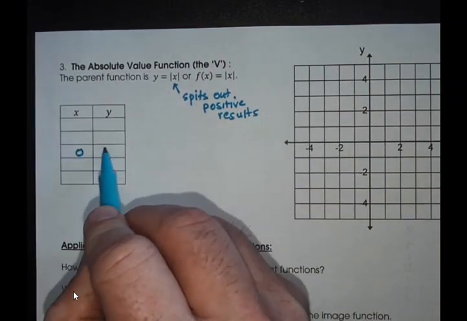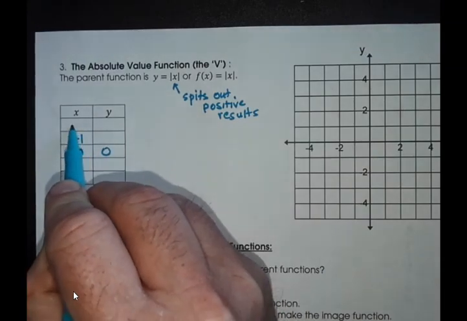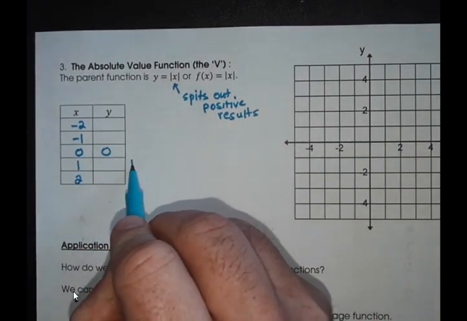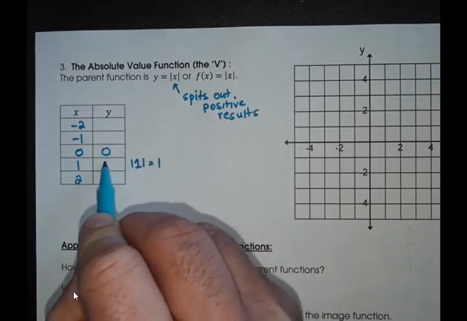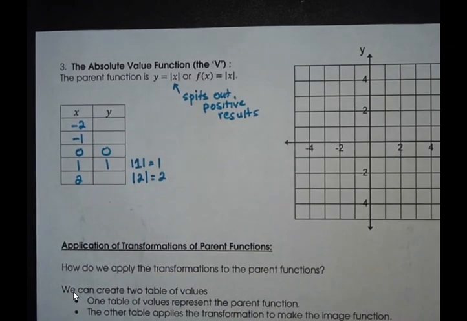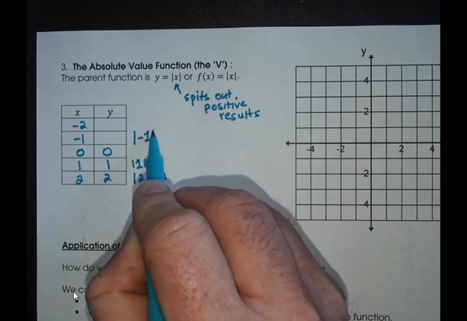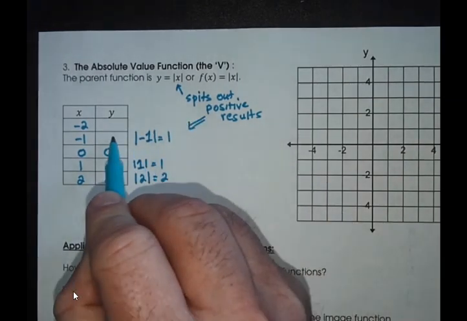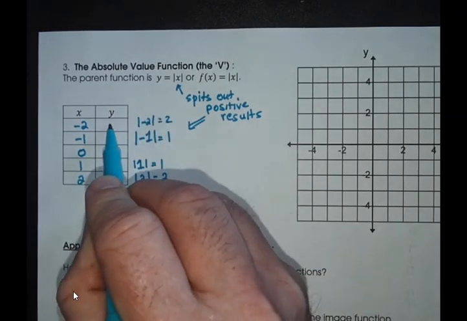So let's look at this. 0, 0, 1, 1, 2, 2, negative 1, negative 2. The absolute value of 1 is 1, so that's going to be that. The absolute value of 2 is 2, so nothing crazy about that. The absolute value of negative 1 is 1, so that's where this comes into play. And the absolute value of negative 2 is 2.